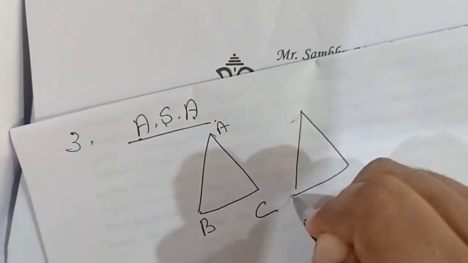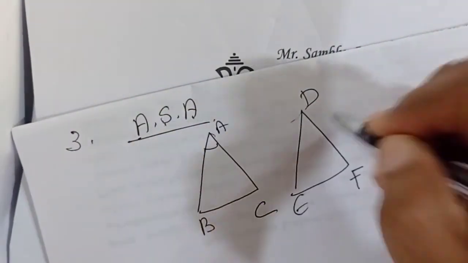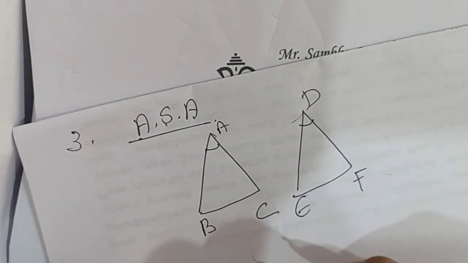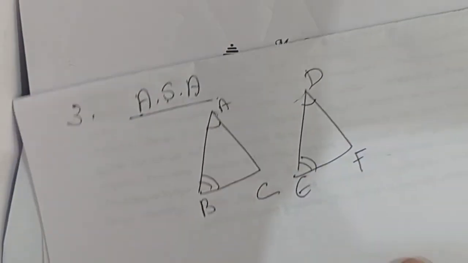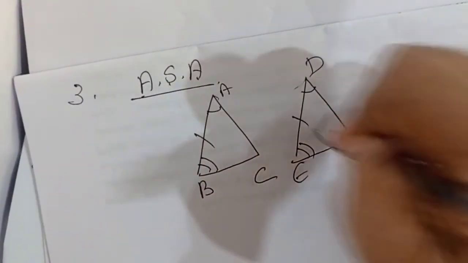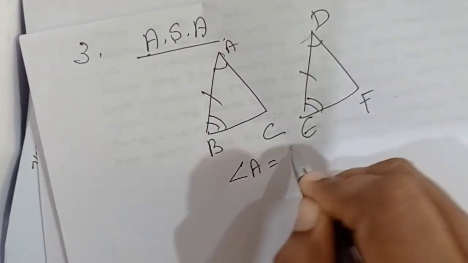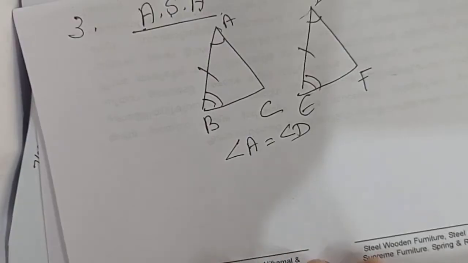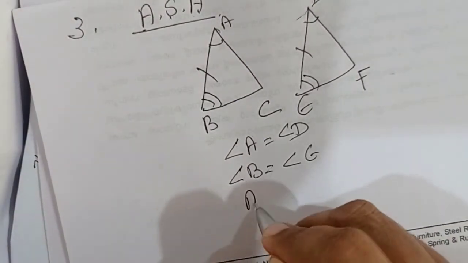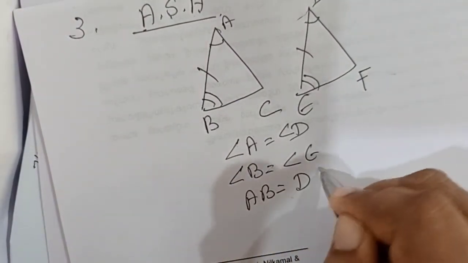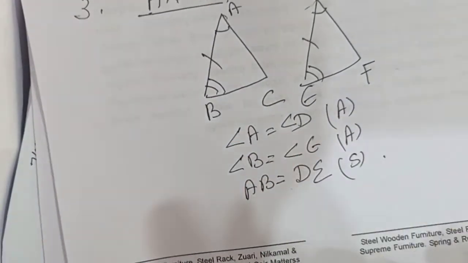ABC, then DEF. Angle A equal to angle D. Angle B equal to angle E. AB equal to DE. That is angle, angle, side.